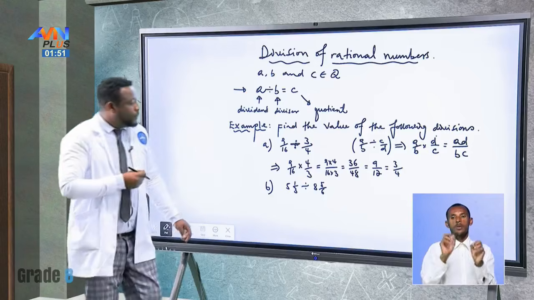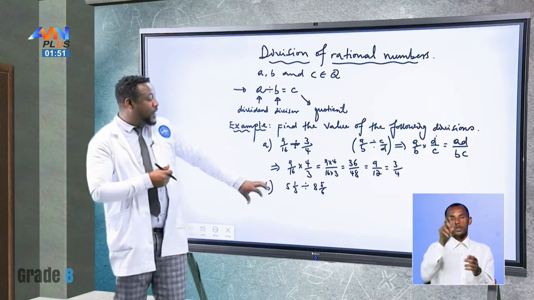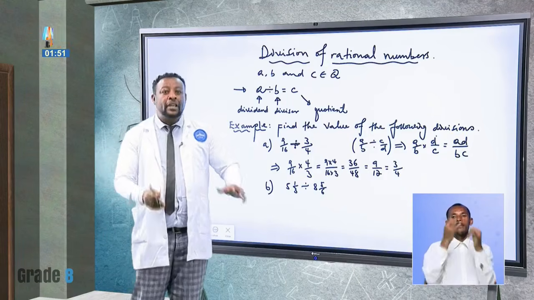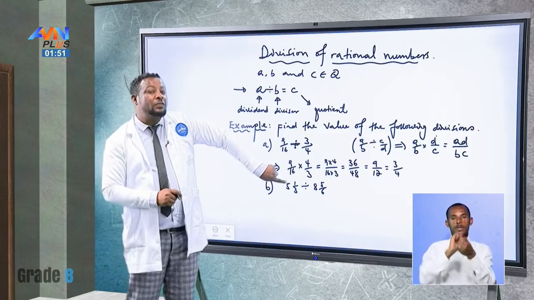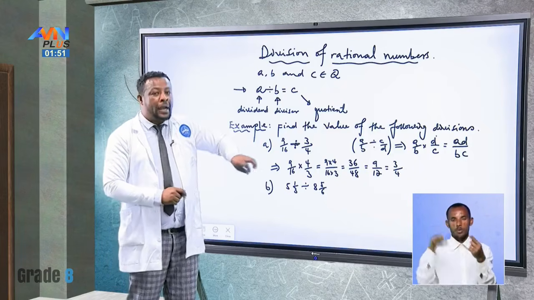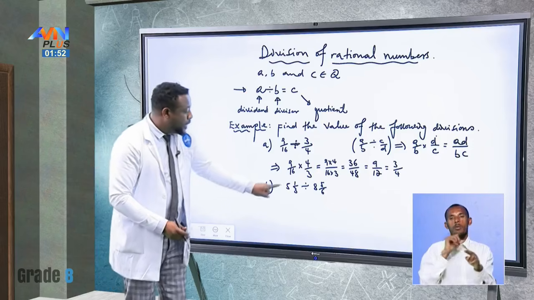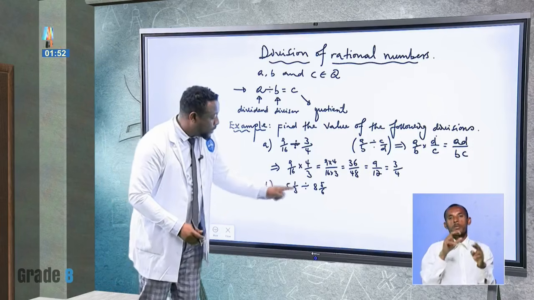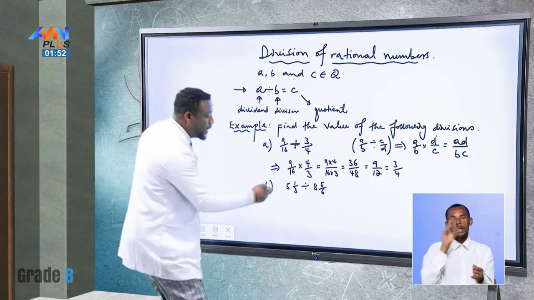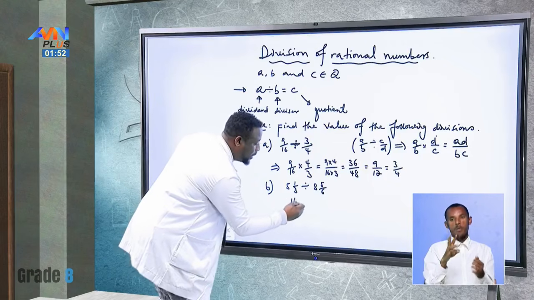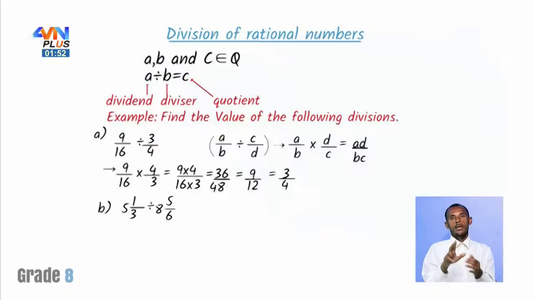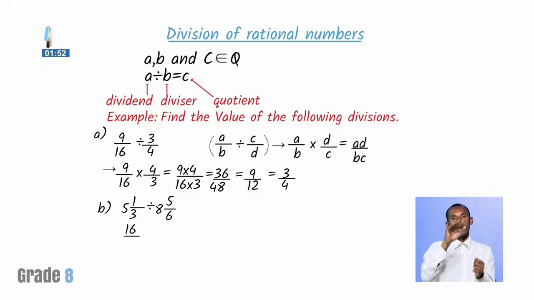If you are asked to divide these fractions, the first thing you need to do is convert the mixed fractions into improper fractions. The improper fraction form of 5 and 1 over 3 is 16 over 3, and 8 and 5 over 6 is 53 over 6.